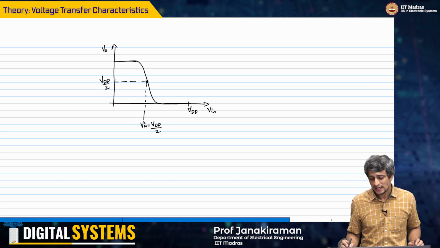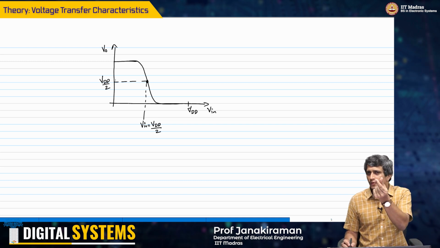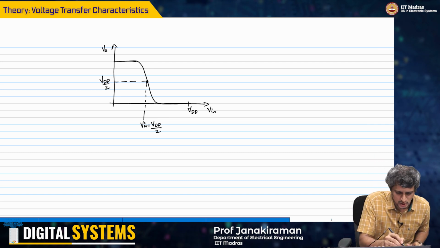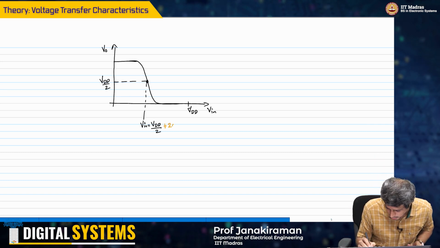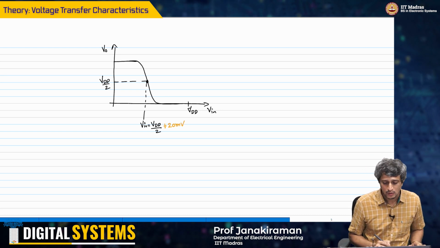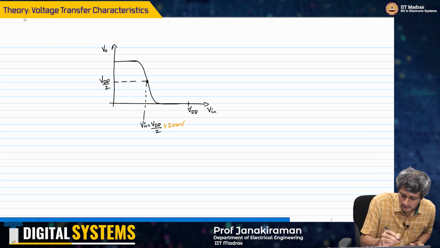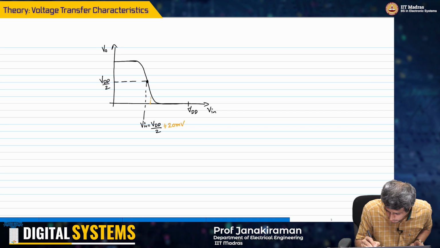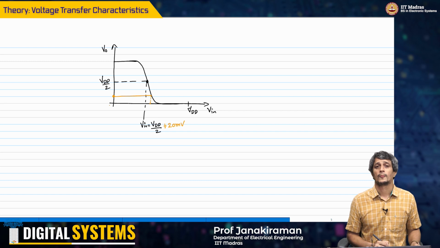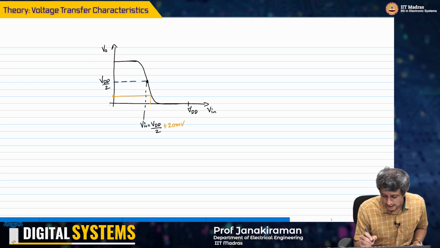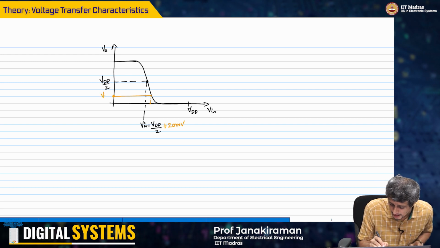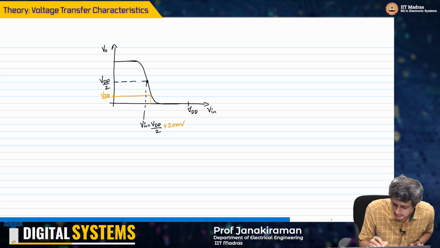Now let us say that I give a 20 millivolt noise to the input. So instead of this I will give plus 20 millivolt. So what will happen now? Input has increased by 20 millivolt and therefore it would be somewhere here. So if I give plus 20 millivolt, my output may have fallen somewhere near VDD by 4.